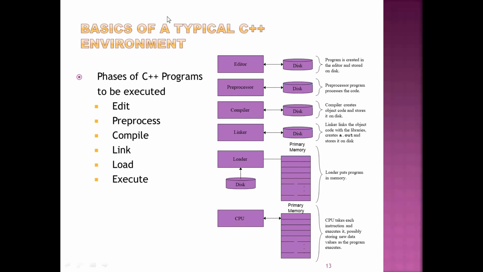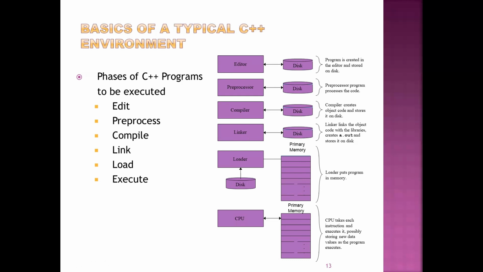In phase 3, which is the compile phase, you need a compiler for that. So the compiler translates the C++ program into machine language code, also referred to as object code. Phase 4 is the link phase, which needs a linker.